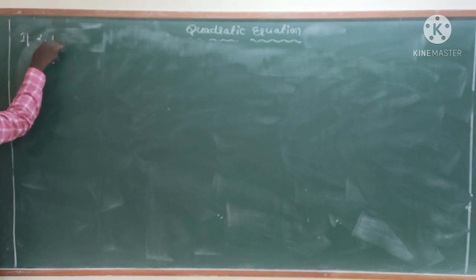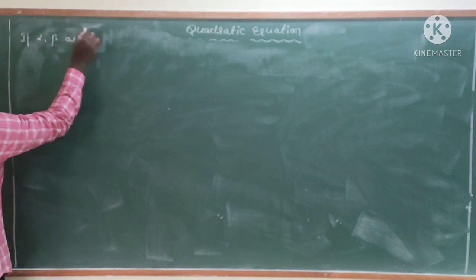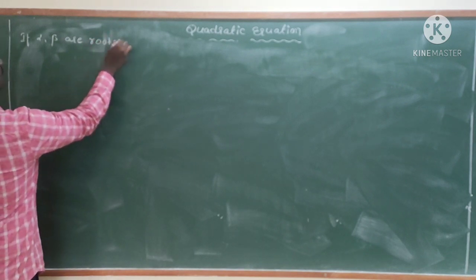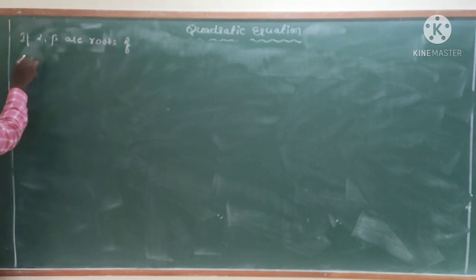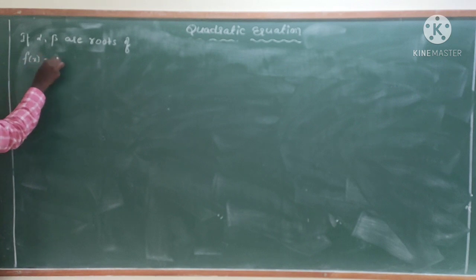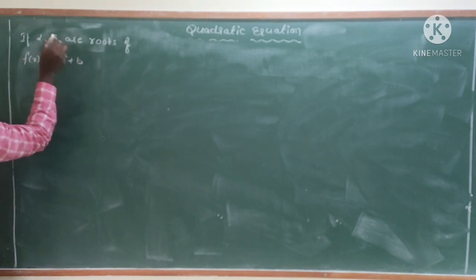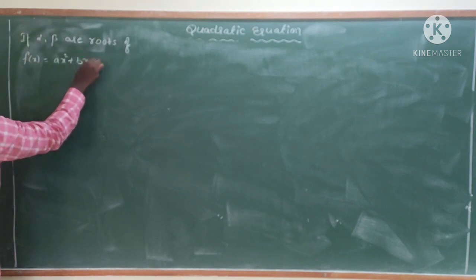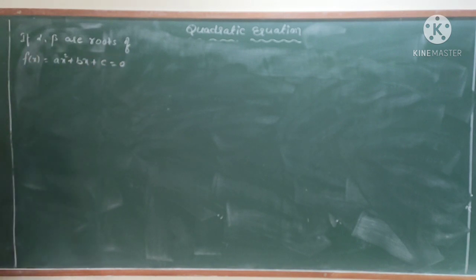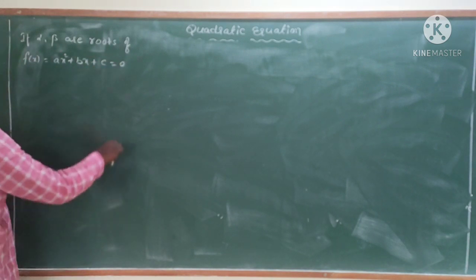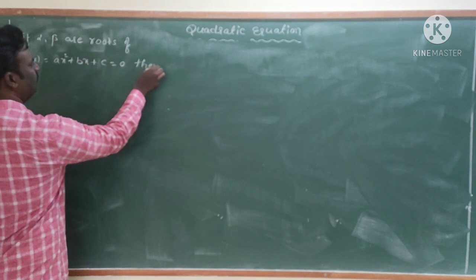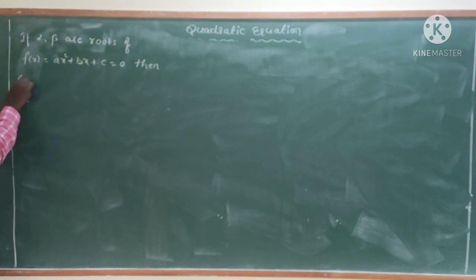If alpha, beta are roots of f of x equals ax square plus bx plus c equals 0, then first point: the roots are alpha and beta.